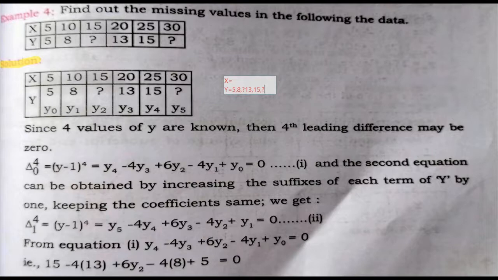For our comfort, we write y0, y1, y2, y3, and y4. We know the values of y0 and y1, and y2 we have to find out, and y5 we have to find out. Two values here we have to find out. One is the y2 value.